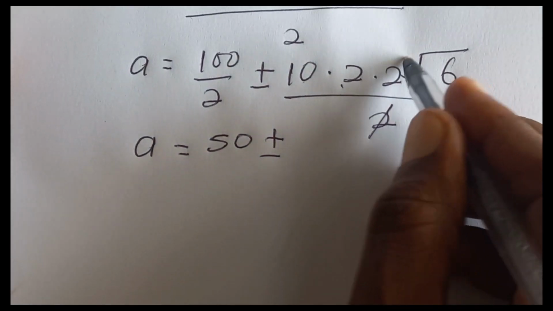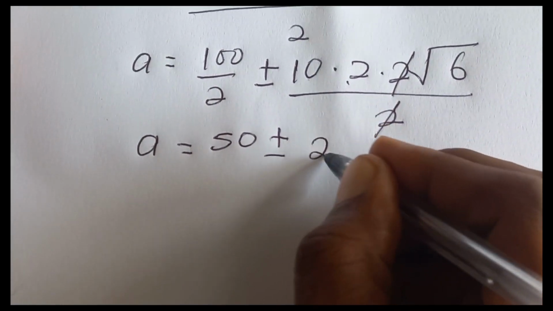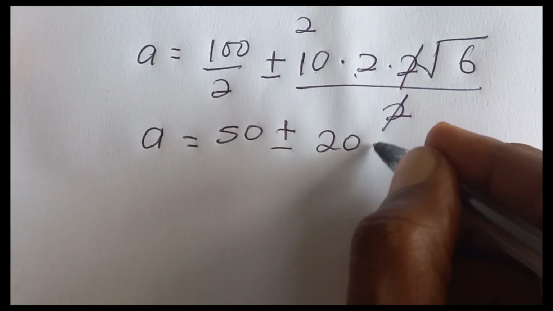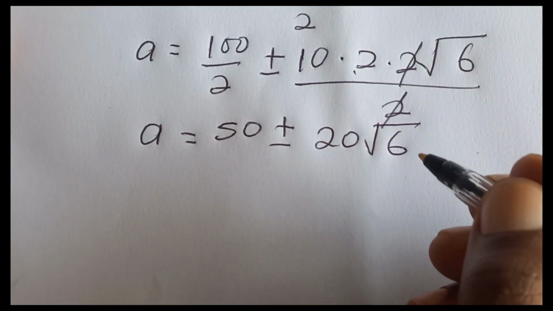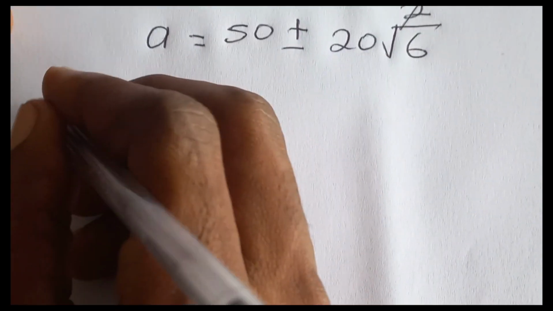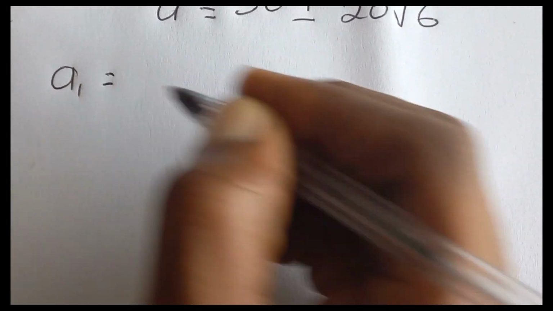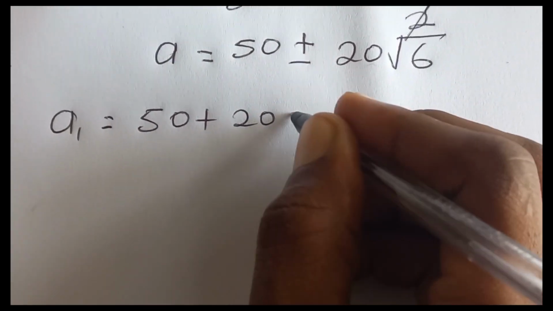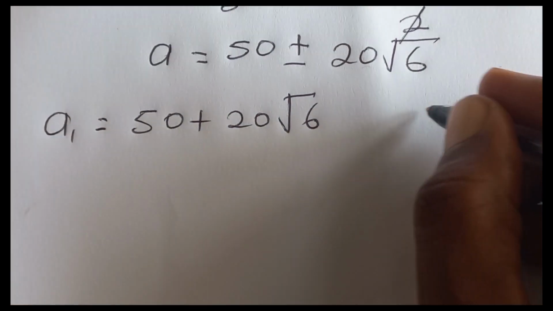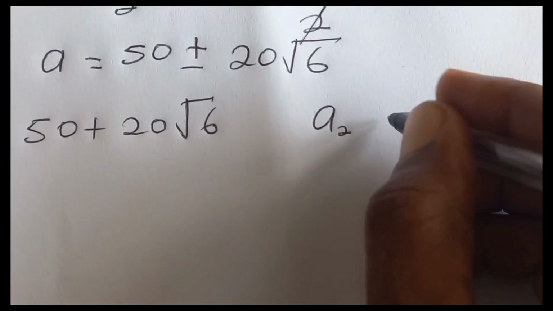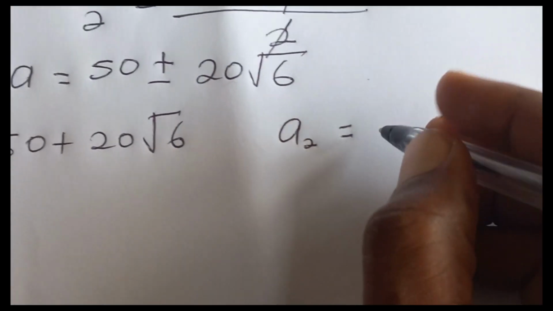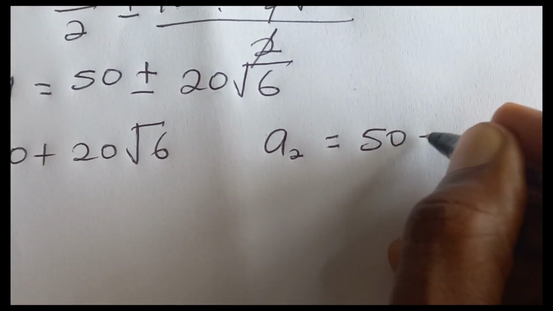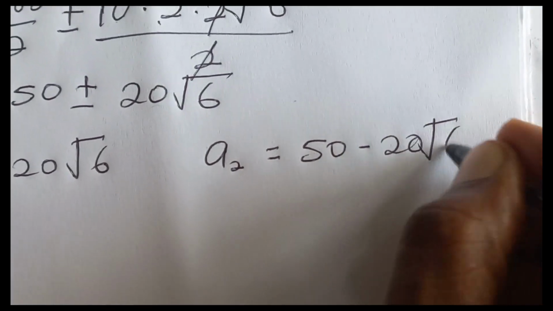So the 2 cancel this. So it's going to be 20 root of 6. Okay, so now we get a1 to be 50 plus 20 root 6. Then our a2 is going to be the negative sign, which is 50 minus 20 root of 6.